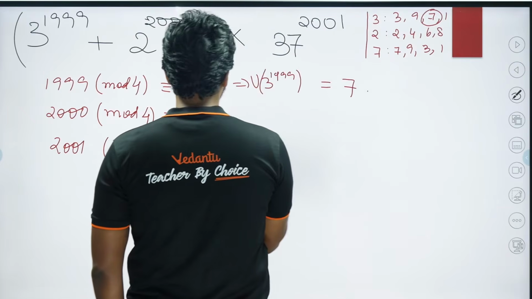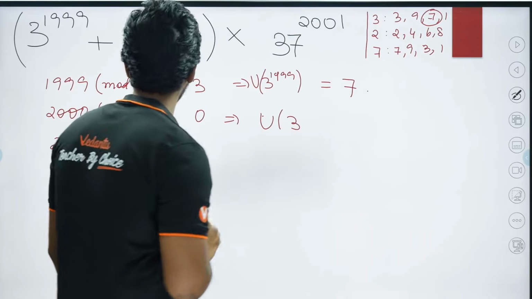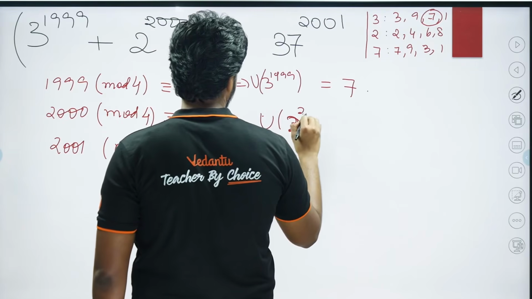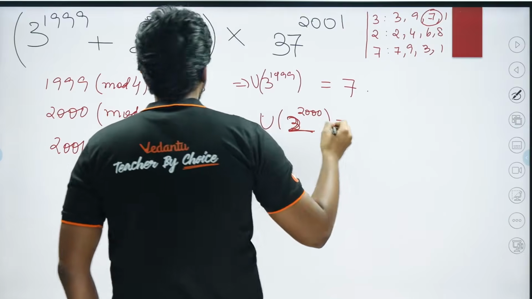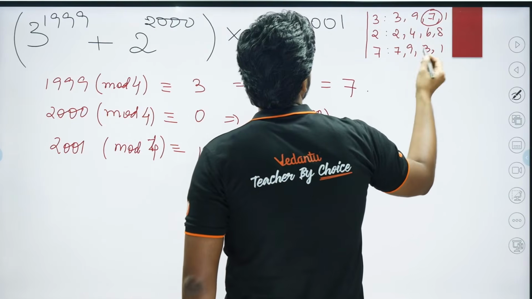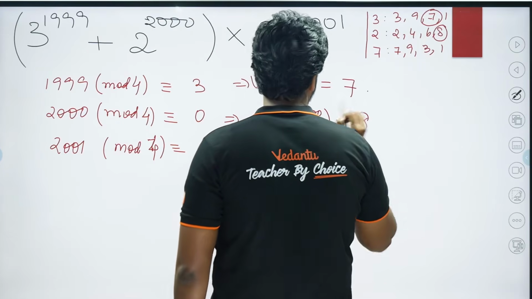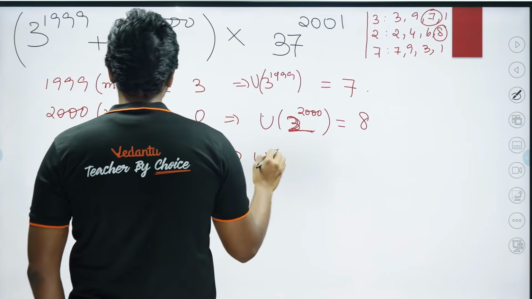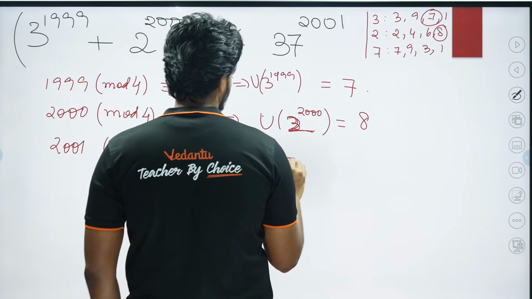7. This implies unit digit of 3 power 2000. 2 power 2000, 2000 is 0 mod 4, right? 0 mod 4. So we are practically using this 8, and unit digit of 1 mod 4, 7, 37.